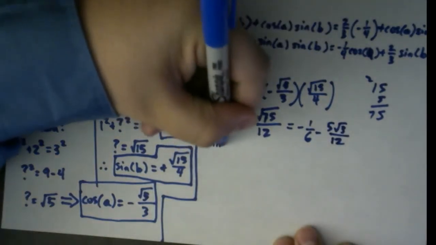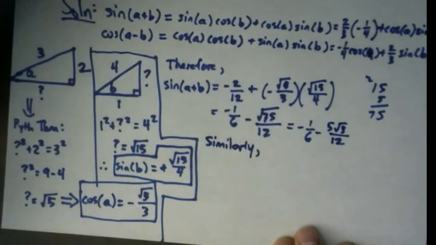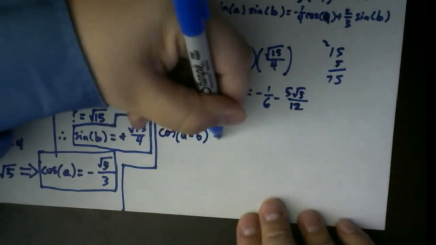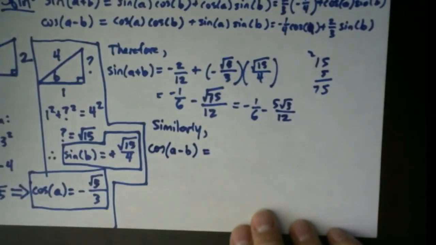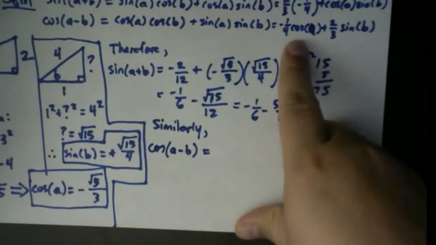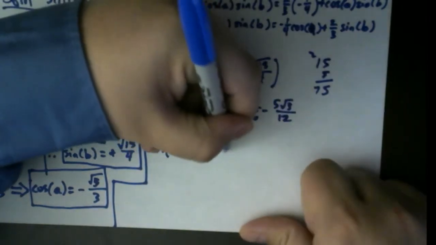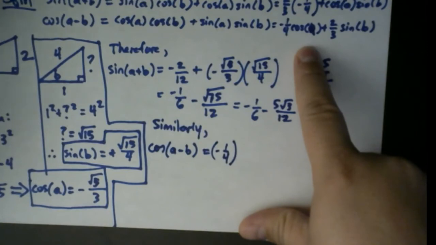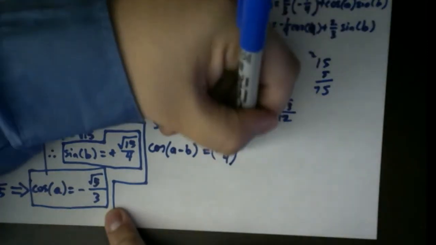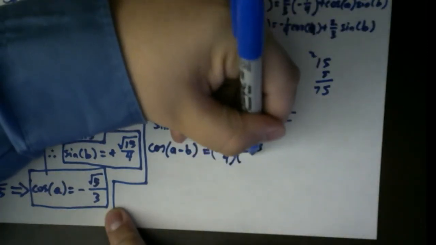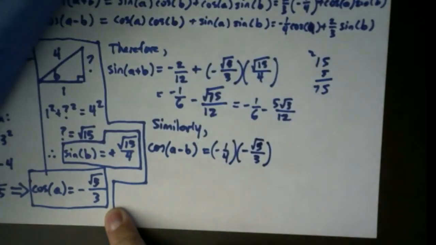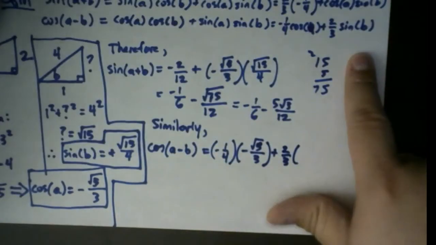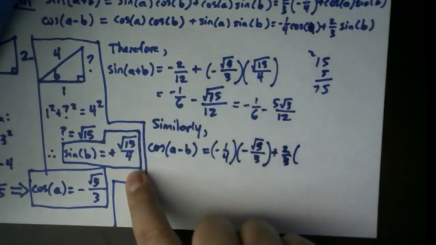Similarly, cosine of a minus b is, and that comes from here now, negative 1/4, which we had from earlier, times the cosine of a, which we have here as negative root 5 over 3, plus 2/3 times the sine of b, which we have here as root 15 over 4.